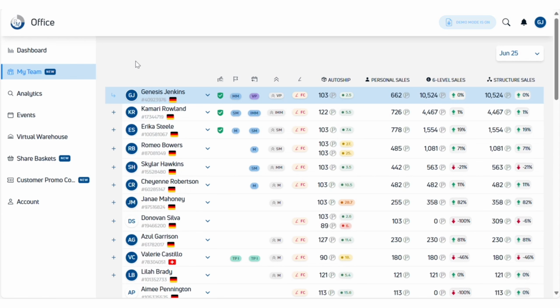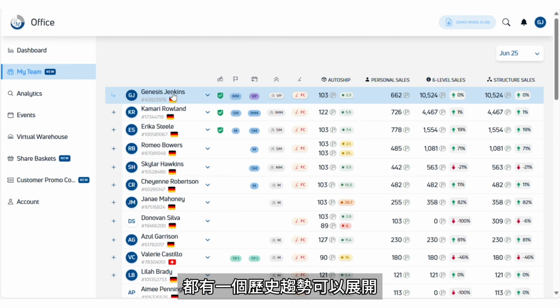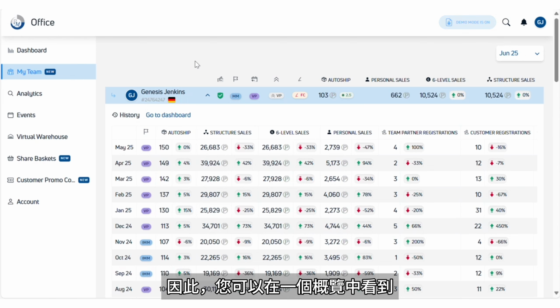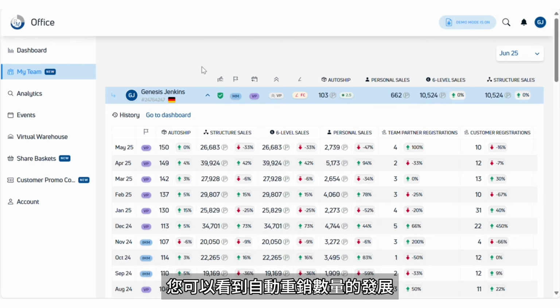Another helpful feature here is whenever you click on one of your downlines or on yourself, a historical trend opens. So you see the most important indicators of the last 14 months with their development in one overview. You see the development of the number of orderships, the structure sales, the 6-level sales, and the personal sales.